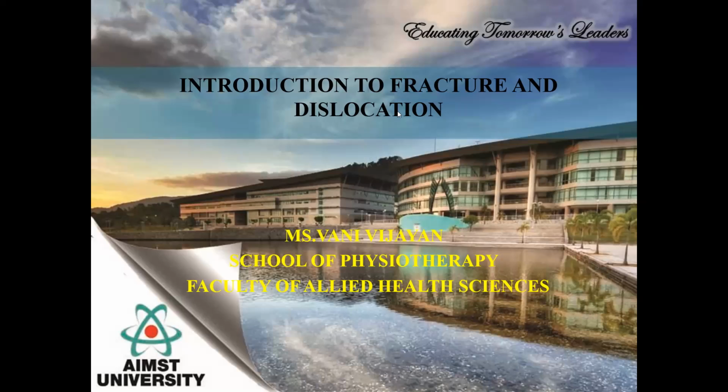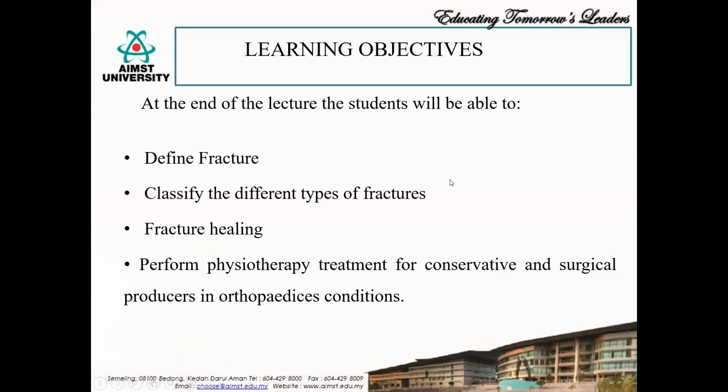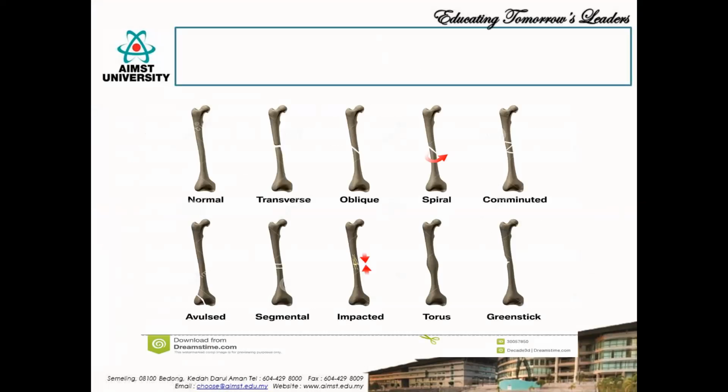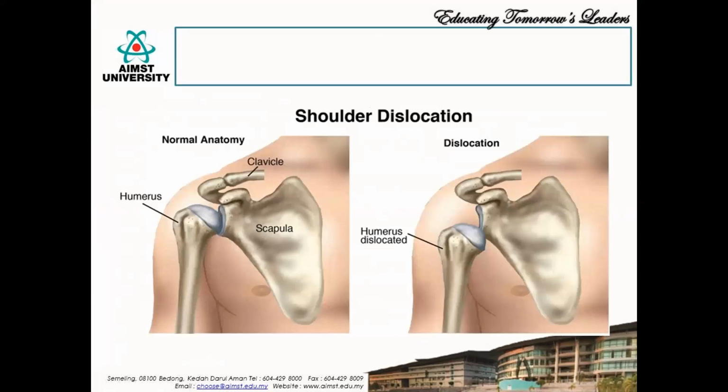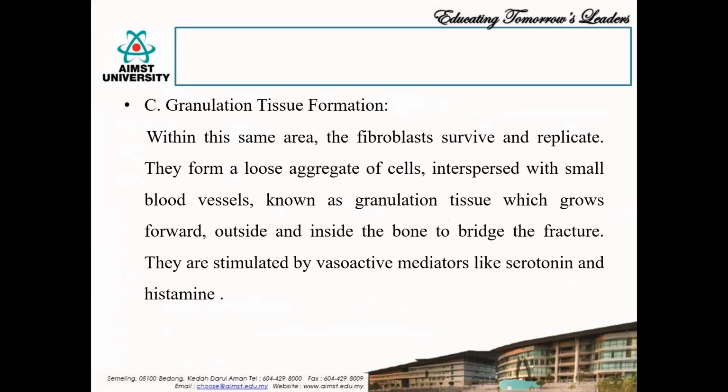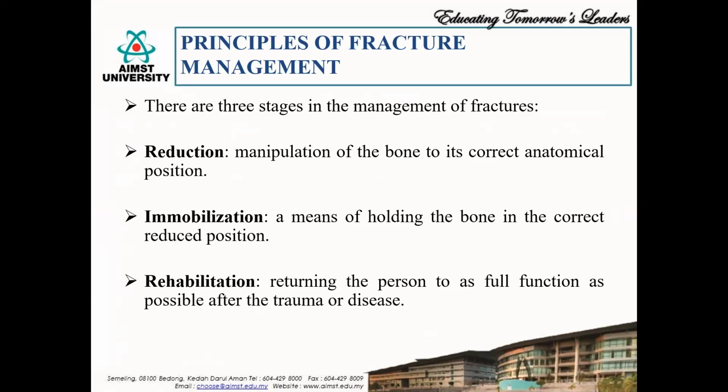Okay, so in the last class, we talked about fracture, introduction to fracture and dislocation, right? We have seen so many things like types of fracture, and then what is dislocation, joint dislocation, and then stages of fracture healing, and then the important principles, that is reduction, what is reduction, what is immobilization, and what is rehabilitation.